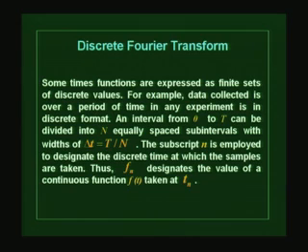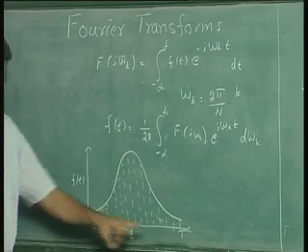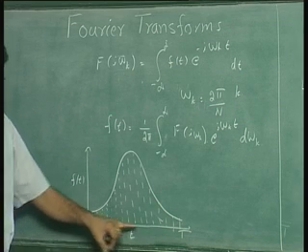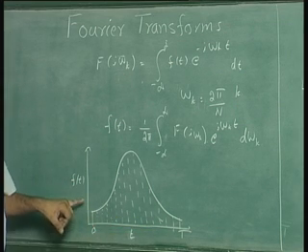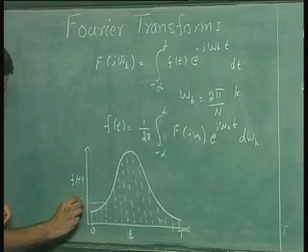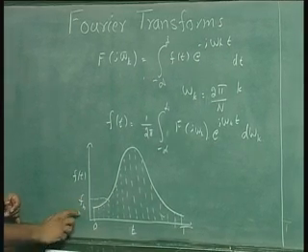So, the discrete Fourier transform, as I said, we would divide the interval into n equally spaced subintervals and denote the function by fn. Graphically, you have a function which goes from 0 to T, and you sample this at equal intervals, and each of these values we denote by fn.